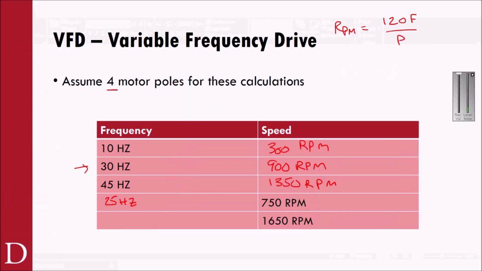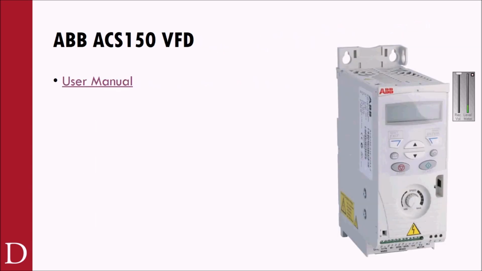Let's do a quick gut check on that one. 45 hertz has 1350, so I should be bigger than that, 1650 at 55 hertz. I think I'm in the right ballpark there. What we can see here is as the frequency goes up, the RPM goes up. So 10 to 30 to 45, 300 to 900 to 1350, 25 to 55, 750 to 1650 RPM.